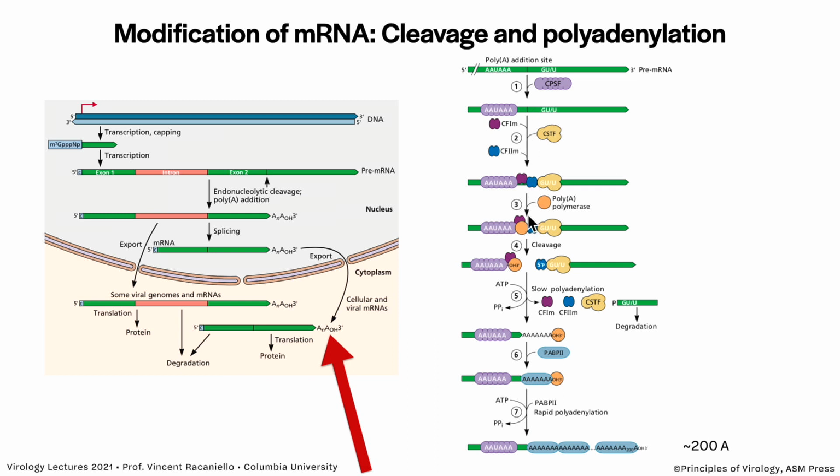And in this series of reactions, poly-A is then added to the 3' end, and you end up with a lot of poly-A sequences on the mRNA. So it starts with recognition of this site and cutting by a nuclease, and then addition of A residues by a poly-A polymerase. So it's added post-transcriptionally, about 200 A's are added.